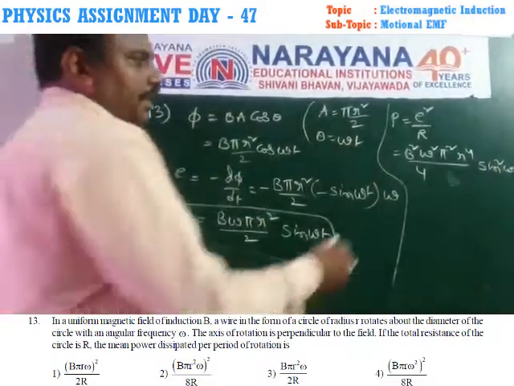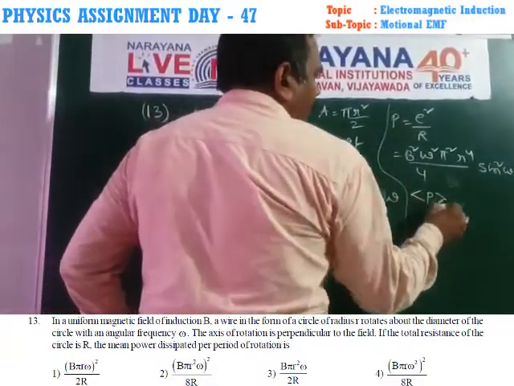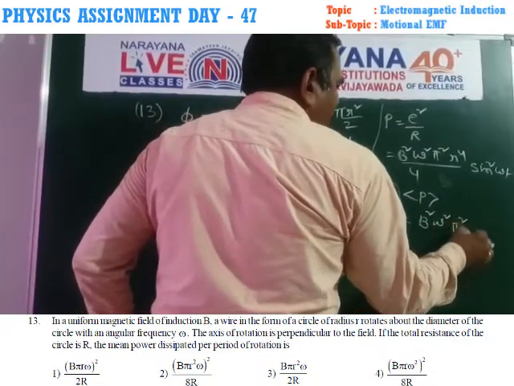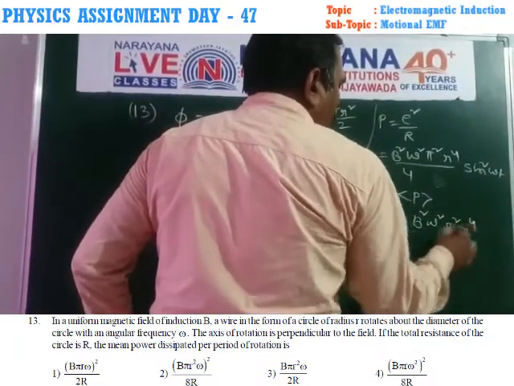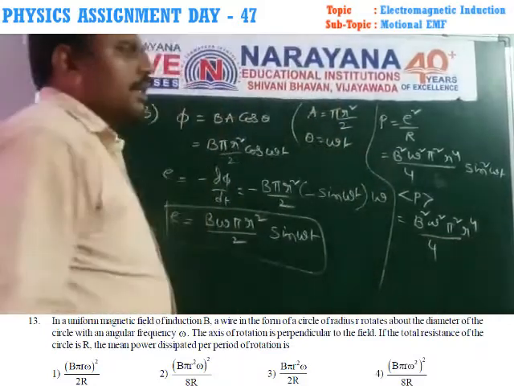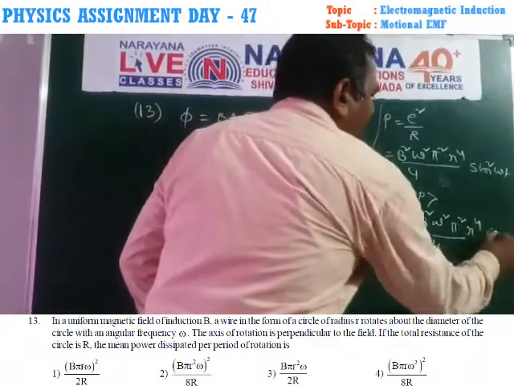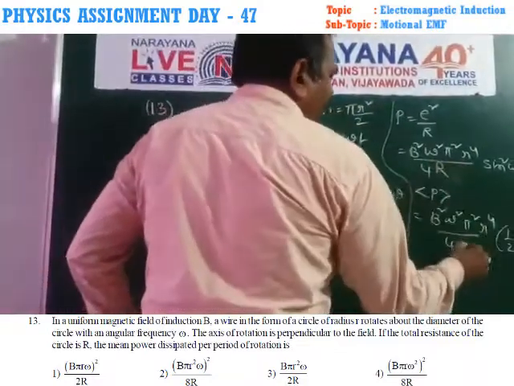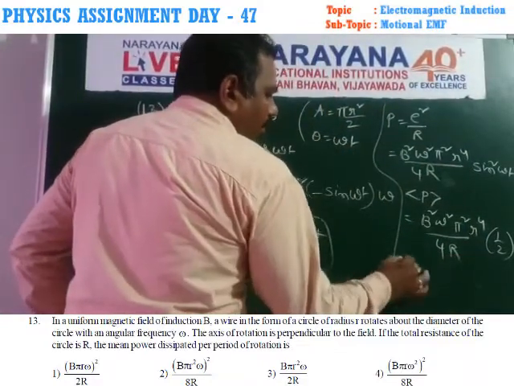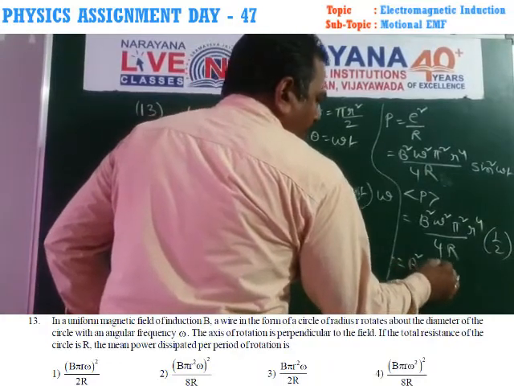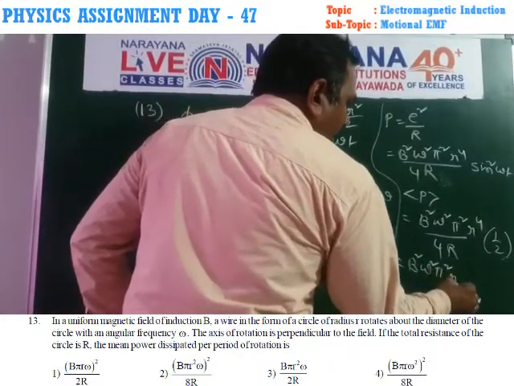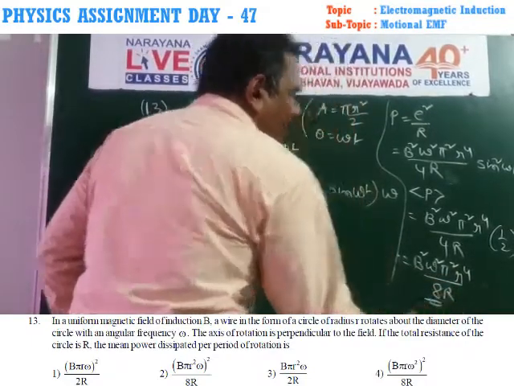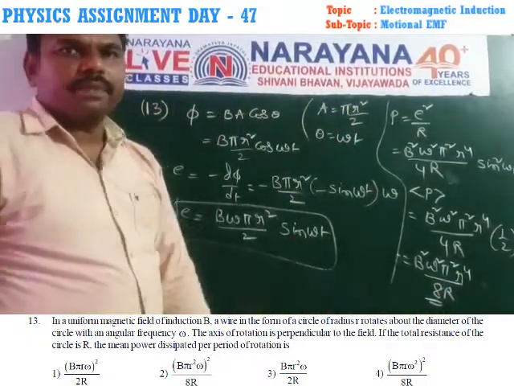But for average power, the average of sin square omega t is 1 by 2. So finally you get B square omega square pi square R power 4 by 8. This is the average power produced in it.